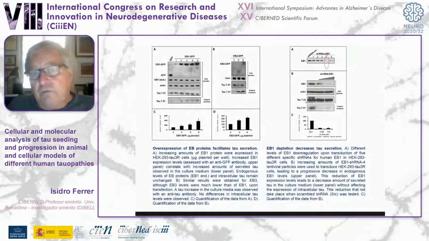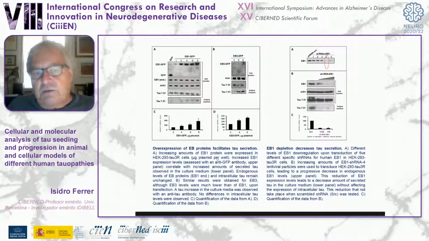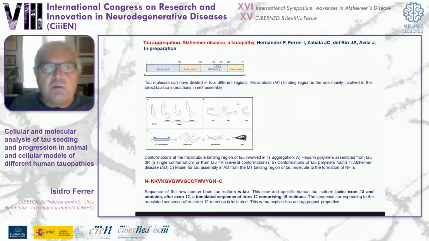And here are further examples of these differences. For example, we can demonstrate that EB-binding proteins facilitate tau secretion, whereas EB1 depletion decreases tau secretion. So this is an important segment of the tau protein.